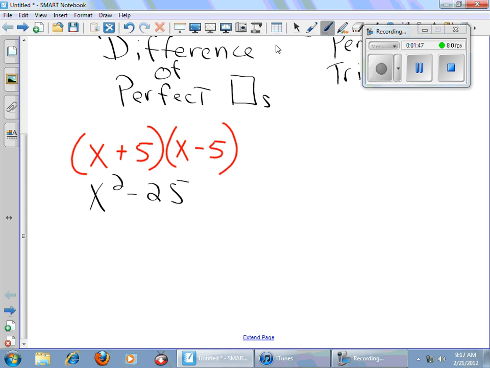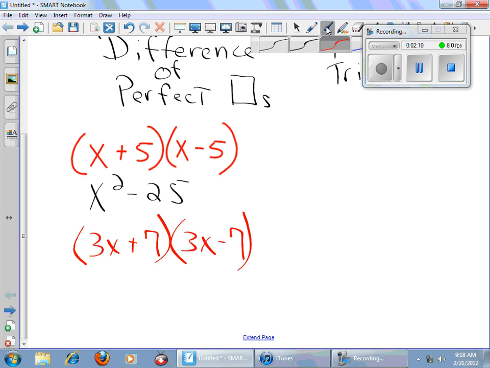I'm going to get a 5x and a negative 5x, and they'll cancel each other out. That also works when I have something like 3x plus 7 times the quantity of 3x minus 7. If you know your outers and inners are going to cancel, when you FOIL this you're going to get 9x squared minus 49.